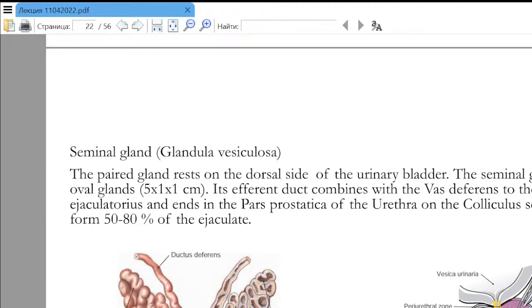Its secretion forms 50-80% of the ejaculate.